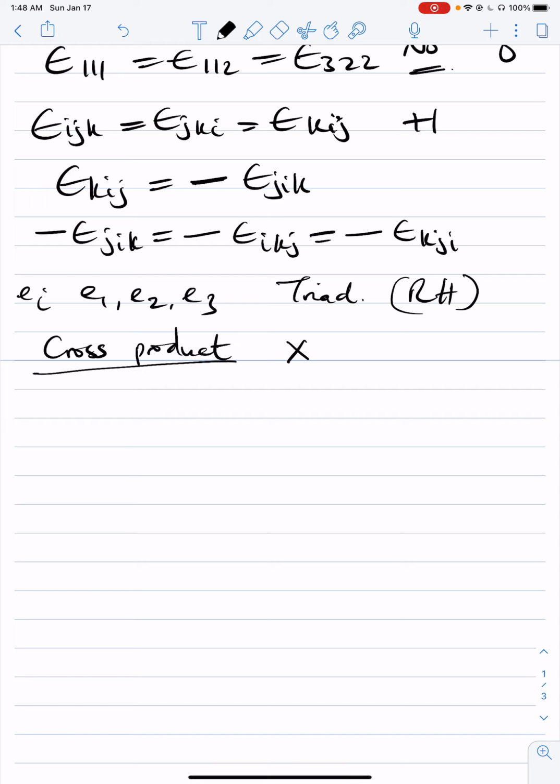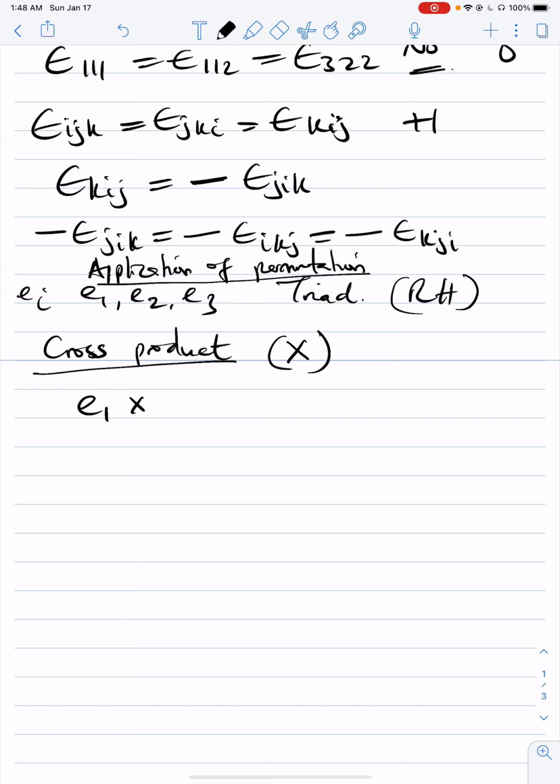Some books call it the vector product too. What I'm trying to do here is an application of the permutation symbol.